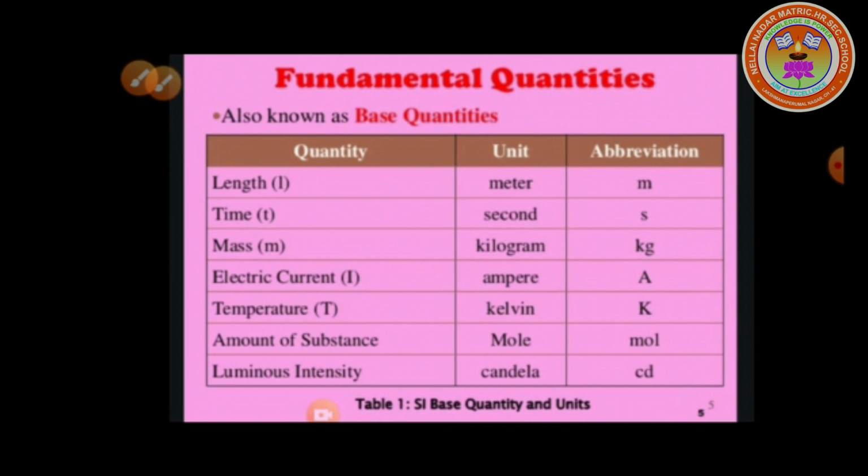The 4th fundamental quantity is electric current. The unit is ampere. It is denoted by the symbol A. And the 5th one, temperature. Unit is Kelvin.